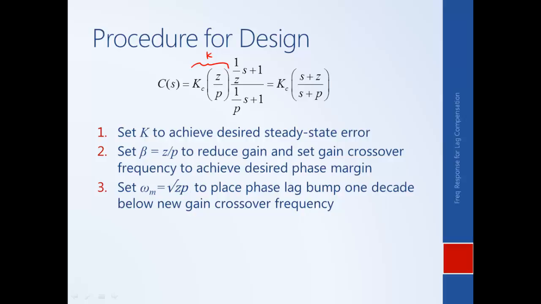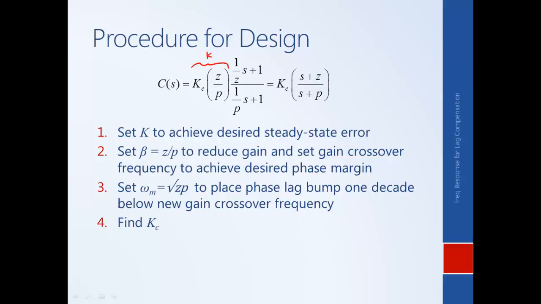And the way that we'll do that is we'll center the geometric mean of the pole and the zero to center the maximum amount of phase lag 1 decade below the new gain crossover frequency. And the reason we put that bump in phase lag below the new gain crossover frequency is so that it doesn't adversely affect the phase margin too much.